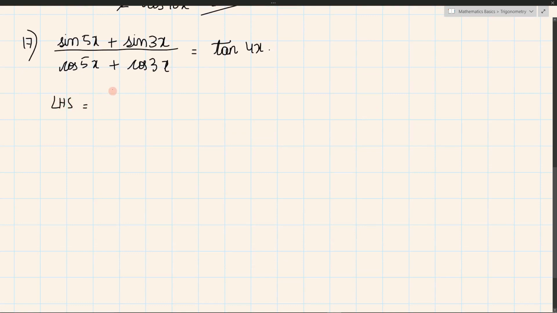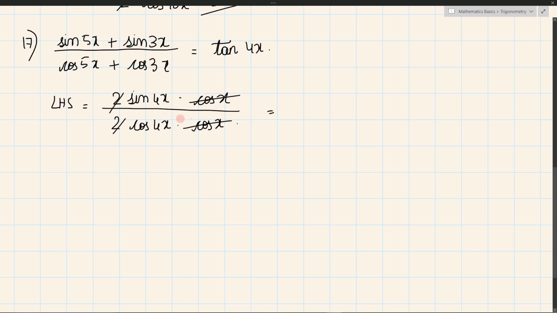We have again sine A plus sine B is nothing but 2 sine of (A plus B) by 2, 5 plus 3 is 8 divided by 2 is 4x, into cos of (A minus B) by 2, 5 minus 3 is 2 divided by 2 is 1, cos x, whole divided by cos A plus cos B. So that is 2 cos of (A plus B) by 2, cos 4x, into cos of (A minus B) by 2, cos x. Cos x and cos x are cancelled. 2 and 2 are also cancelled. The remaining term is tan 4x.